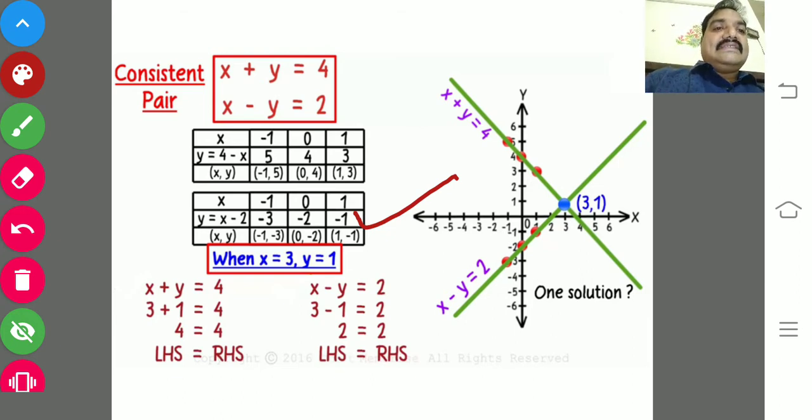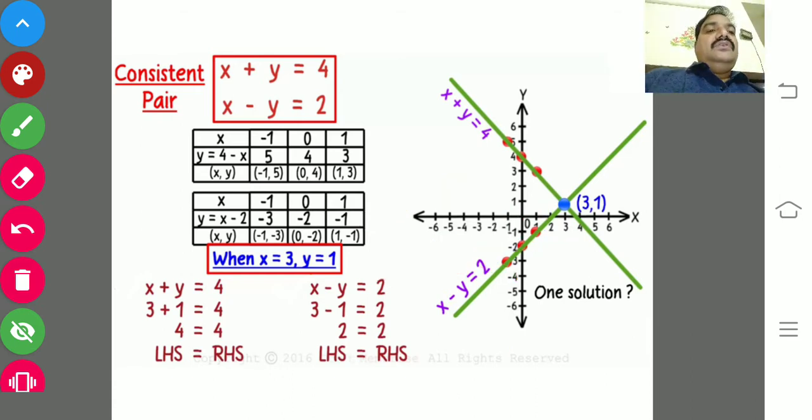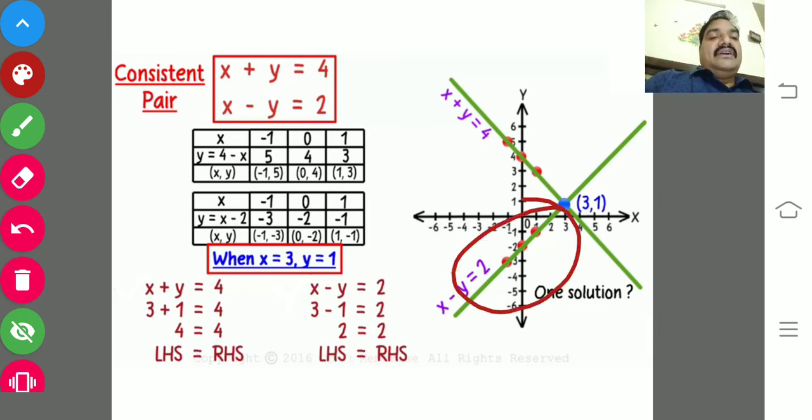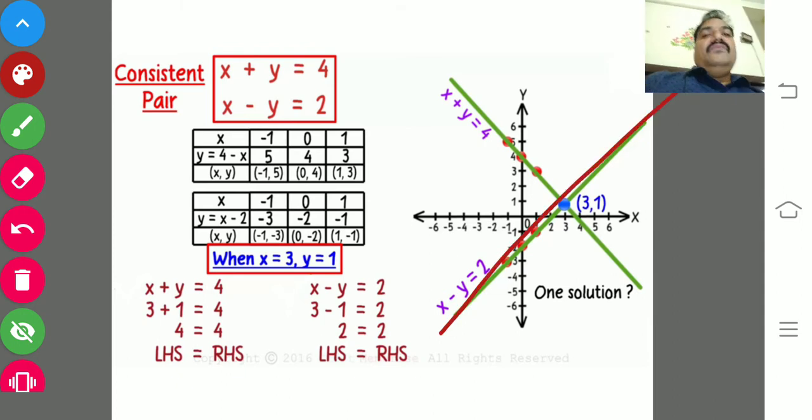Minus 1, minus 3. 0, minus 2. And 1, minus 1. So you just plot the 3 points from the tabular form. After plotting the 3 points, simply you take a scale and draw one line.